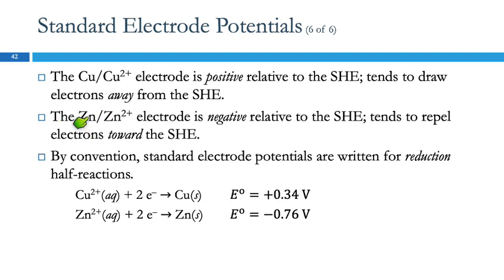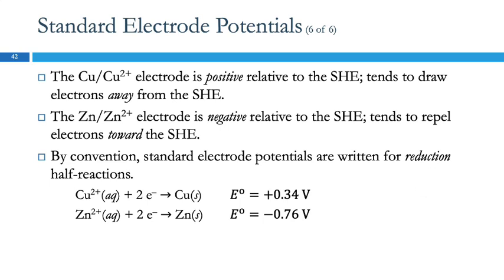The zinc electrode is negative relative to the standard hydrogen electrode, and the electrons are repelled by that negative charge, and they're going to move towards the standard hydrogen electrode. So by convention, we list standard electrode potentials for reduction half reactions.